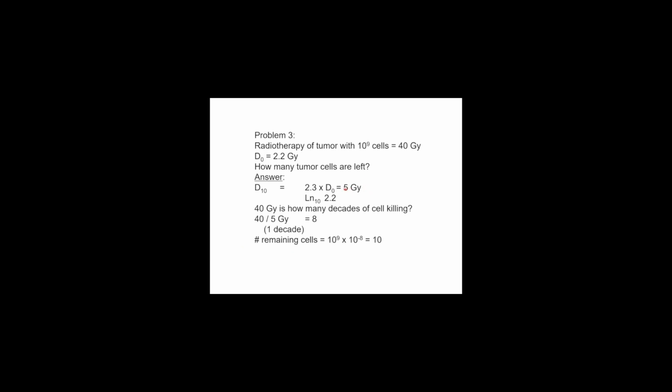That's 5 gray. 40 gray is how many decades of cell killing? It's 8 logs of cell killing. So if you start with 10 to the 9th, you decrease it by 8 logs, you get 10 cells left.